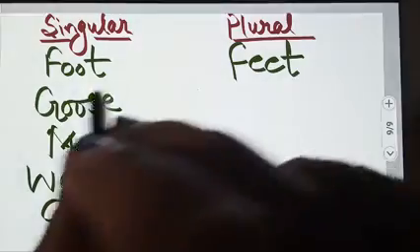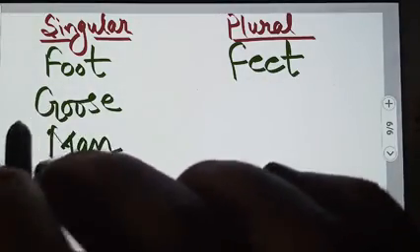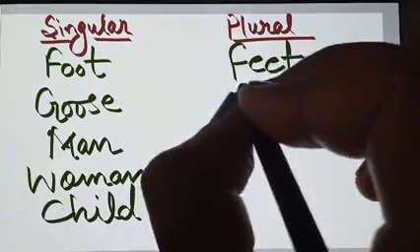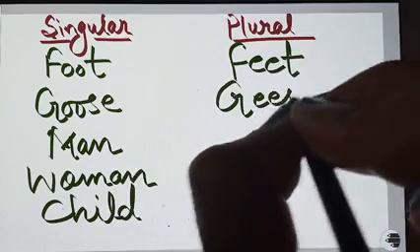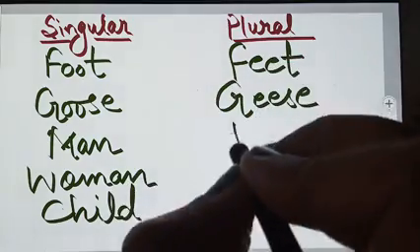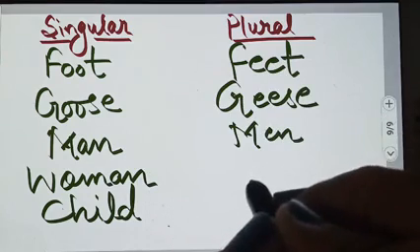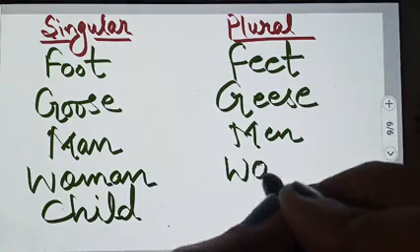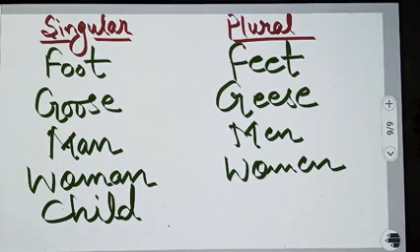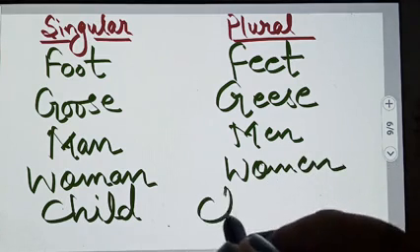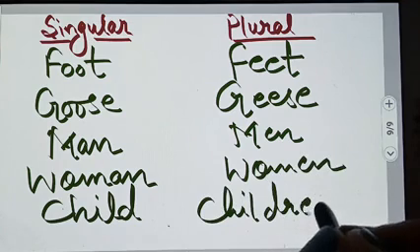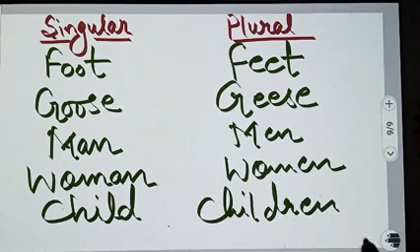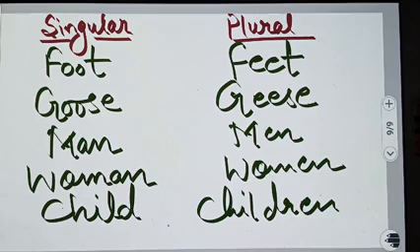So goose will become geese. Man will become men in plural. Woman will become women in plural, and child, you all know, will become children. No s will be added here, as a few of you used to make the mistake.